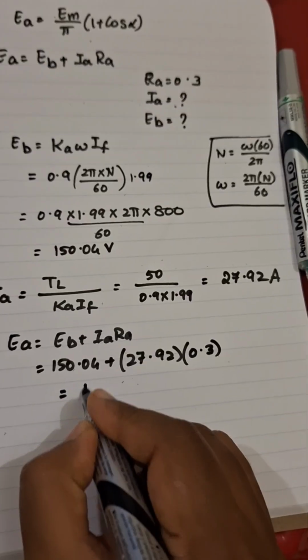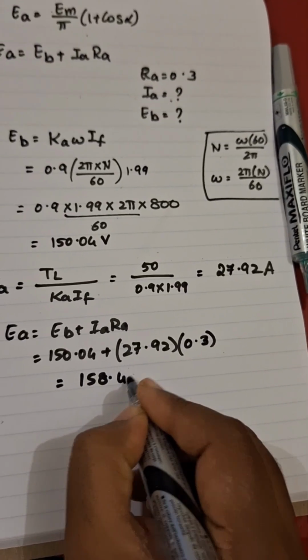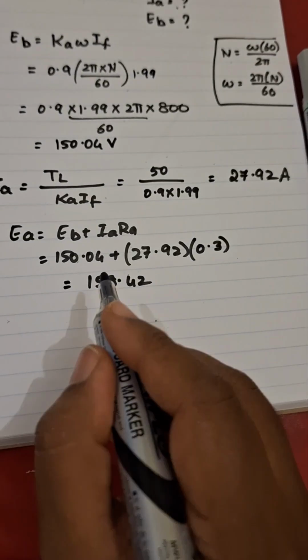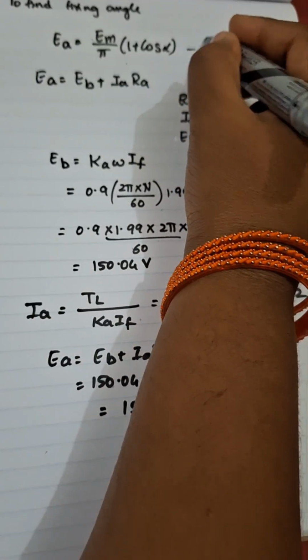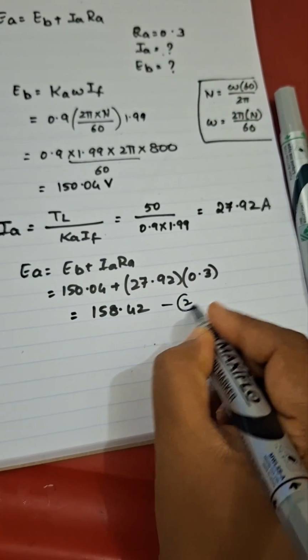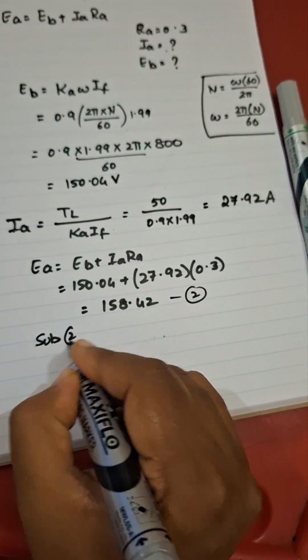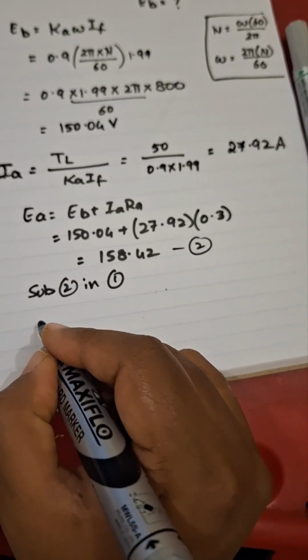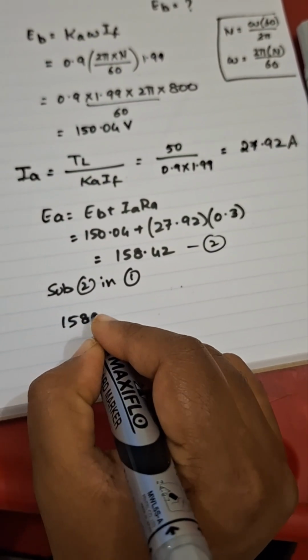When you do this calculation, you will get 158.42. Once we got this, we substitute that EA in this equation. Let me name this as 1, this as 2, and substitute 2 in 1. Now EA is 158.42.